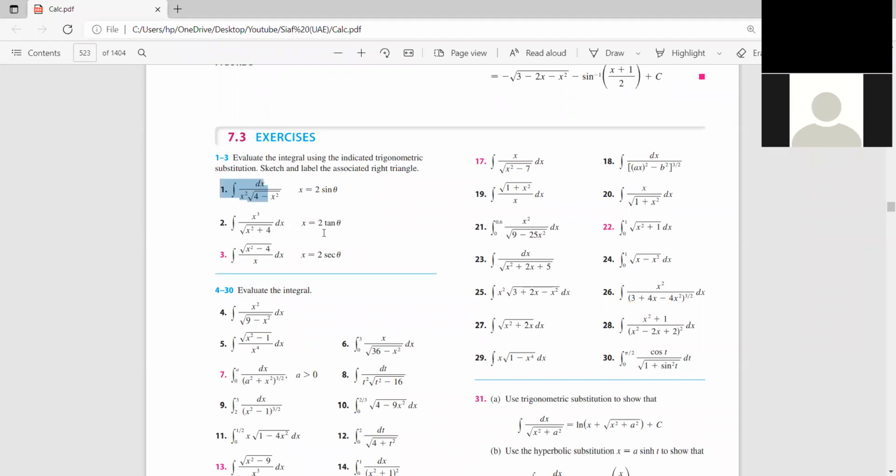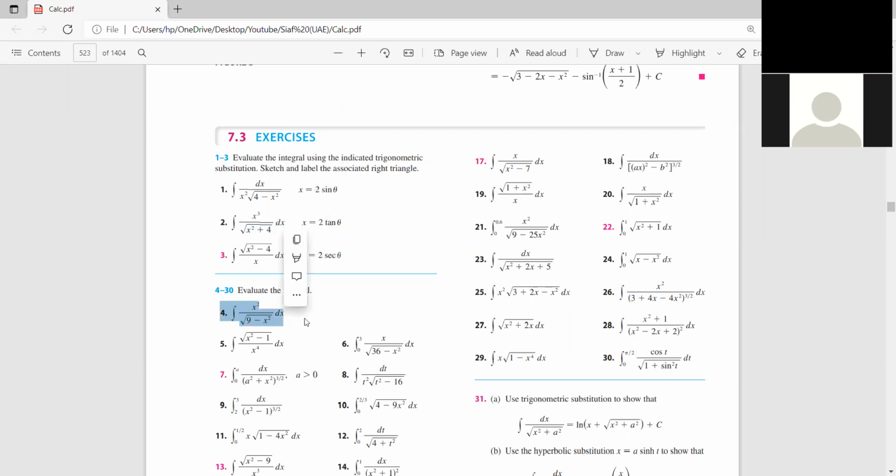Again, for question number 1, 2, 3, they have given us what is needed, but it's not necessary that they should mention it. We know that it is 4 minus x squared, then we have to apply this substitution. When it's x squared plus a squared, then we apply the tan substitution, and if it is x squared minus 4, then we apply this.